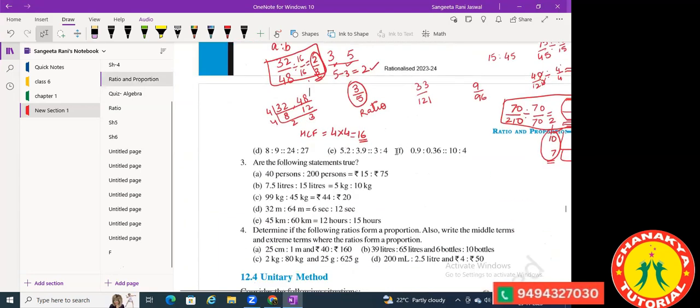Okay. Let's do this one. These are with decimal points. 5.2 is to 3 is to 3.9 is to 4. Let's do this one, E part, question number 2.